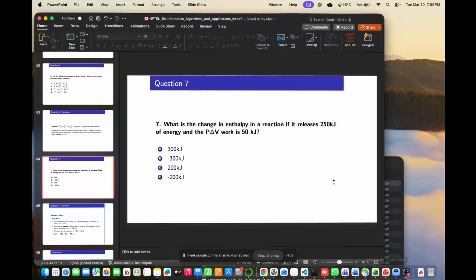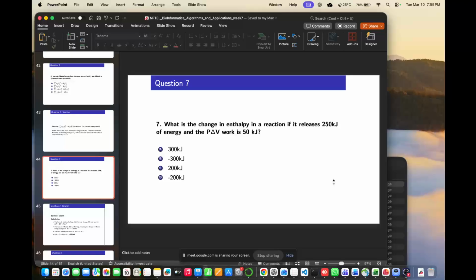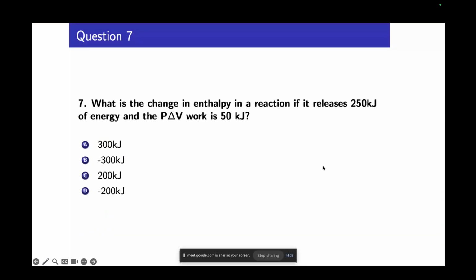Wait another minute. I think you need to be careful about the signs, positive and negative. What does release 250 kilojoule mean in terms of the sign?